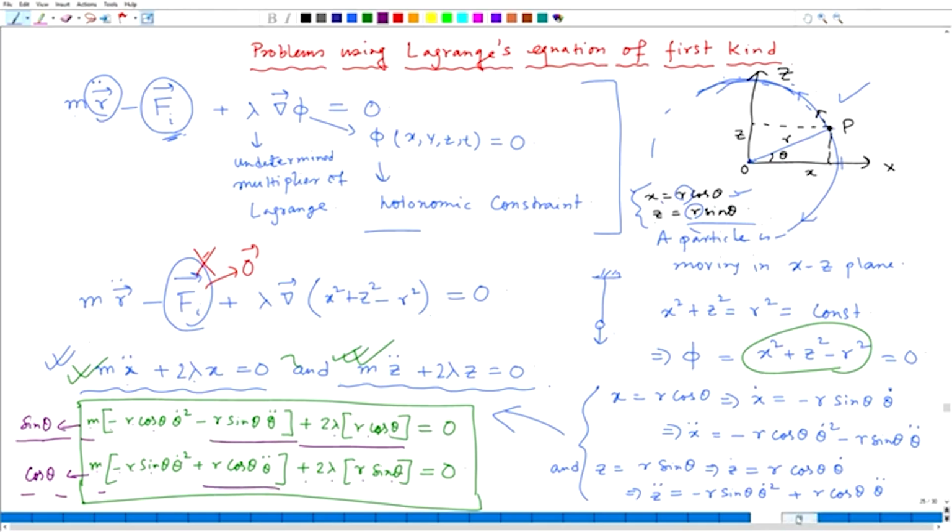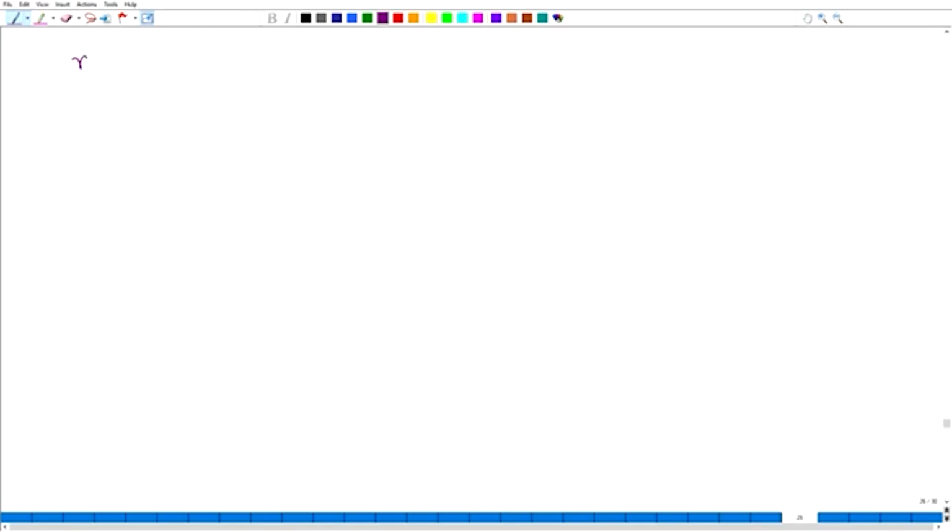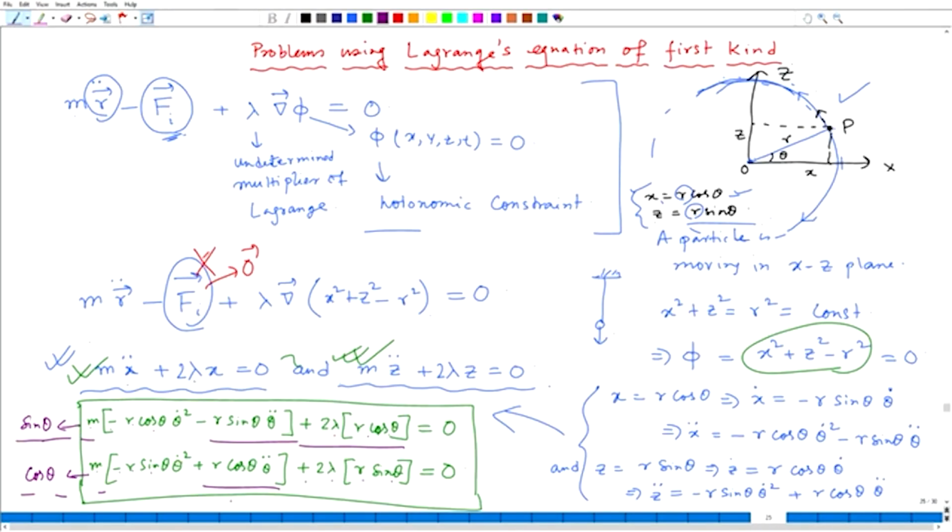So, I will have then r cos square theta theta double dot minus r sin square theta theta double dot, that will be equal to 0 if you just do this. Okay.